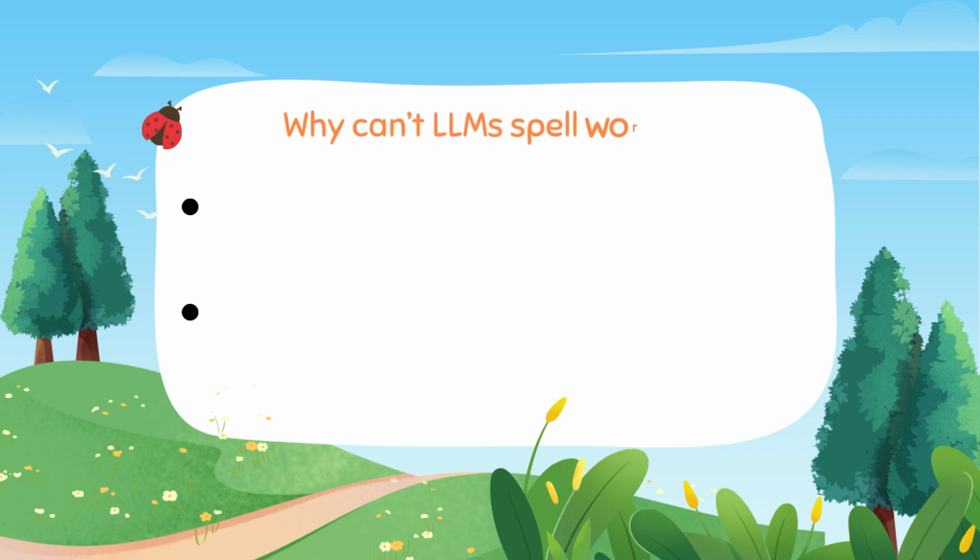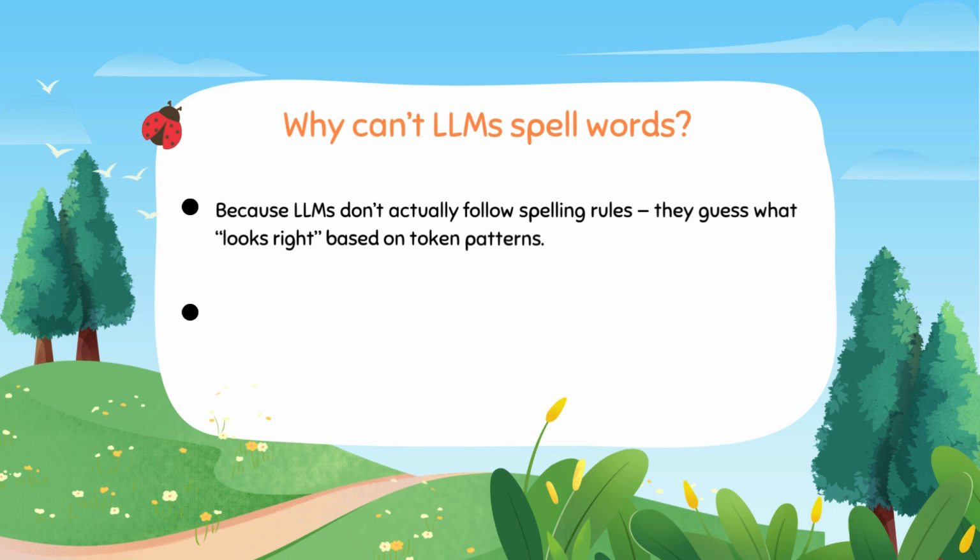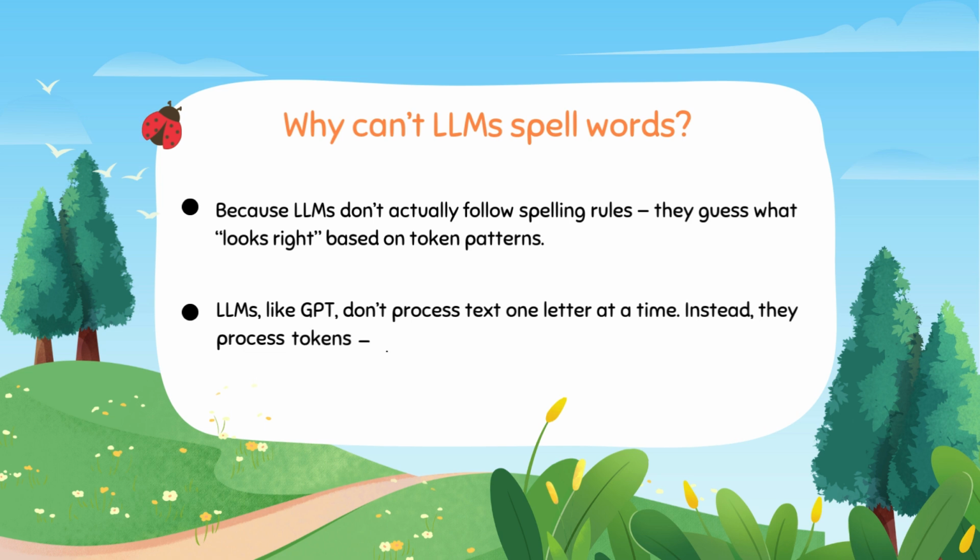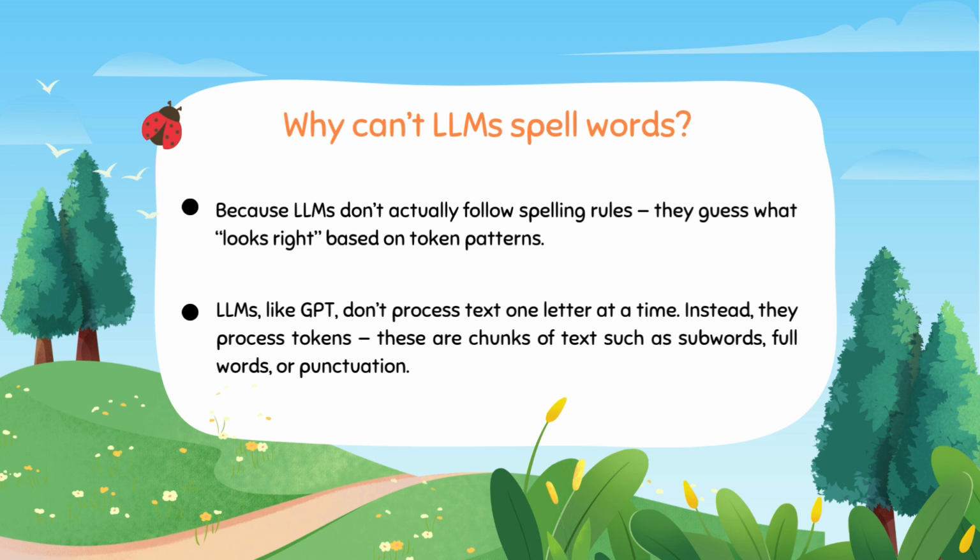Why can't LLMs spell words? Well, the short answer? Because LLMs don't actually follow spelling rules. They guess what looks right based on token patterns. Here's a deeper explanation. LLMs, like GPT, don't process text one letter at a time. Instead, they process tokens. These are chunks of text such as subwords, full words, or punctuation.